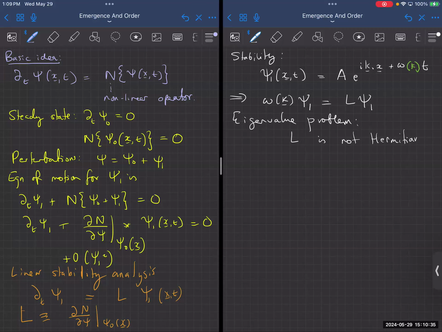It may not even be symmetric. And omega of k is called the dispersion relation. It is basically the eigenvalue spectrum.